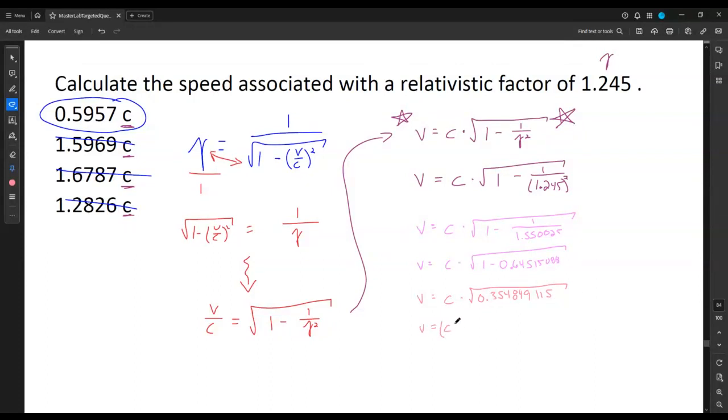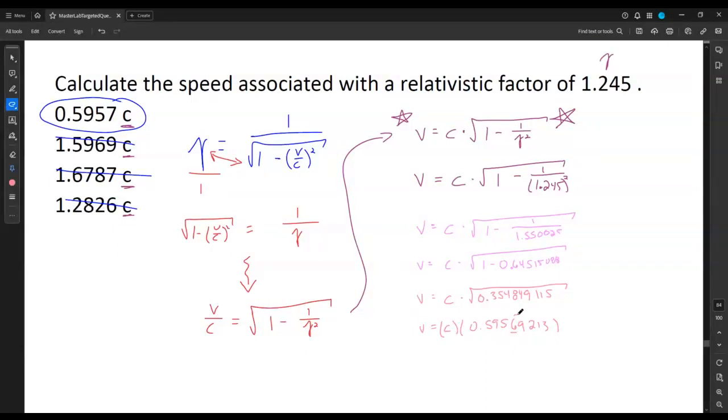So we'll have c multiplied by, if we take the square root, 0.59569213. So it just keeps going.